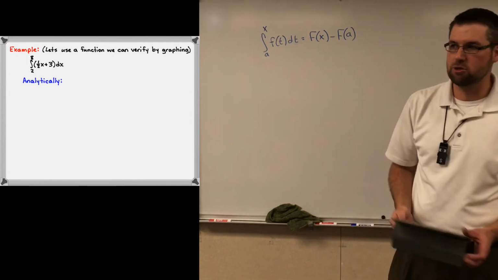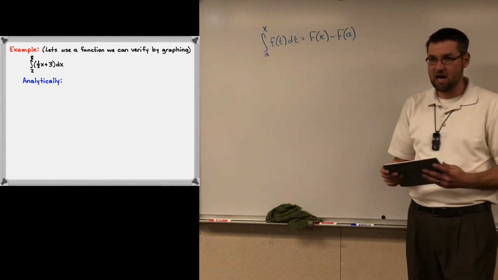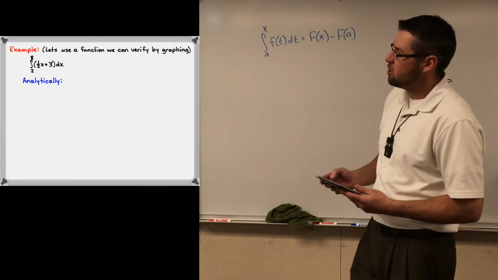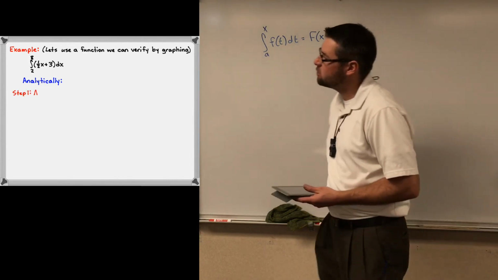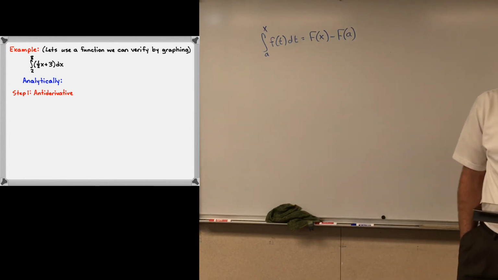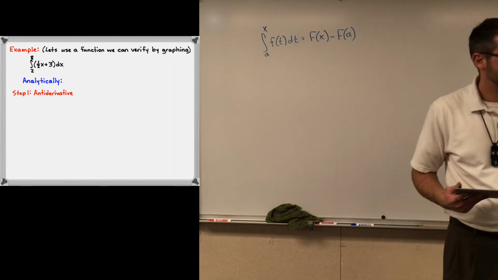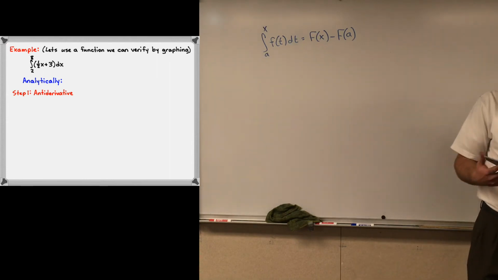What's the first step that I told you to do? Take the antiderivative. So, what is the antiderivative of 1/2 x plus 3? Come on, how do you take antiderivatives?